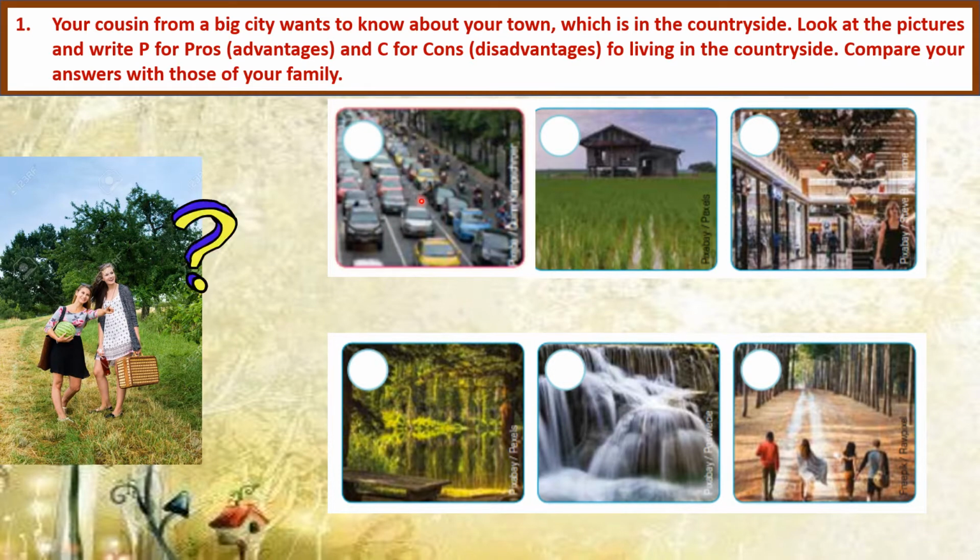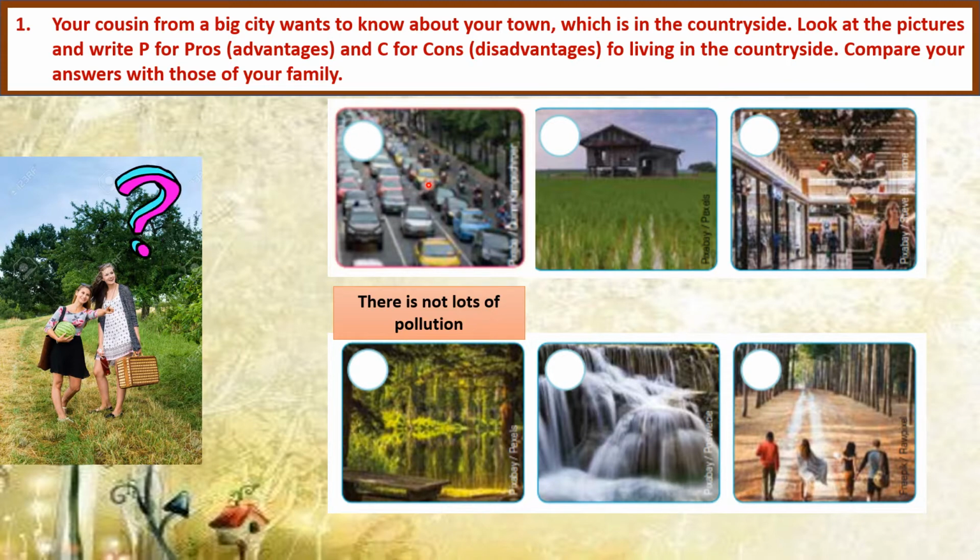Okay, so are there lots of cars in the countryside? Yes or no? No, right? So there is not lots of pollution because you know that the cars produce pollution. So in the countryside, there is not lots of pollution because there aren't many cars.